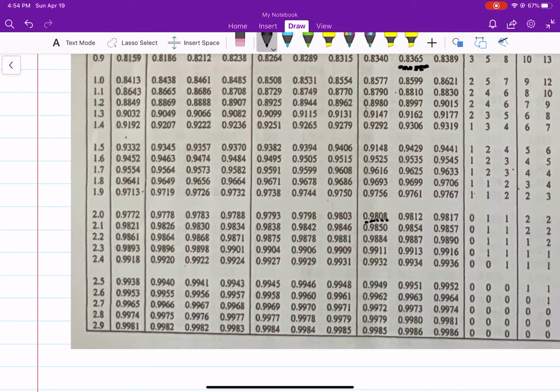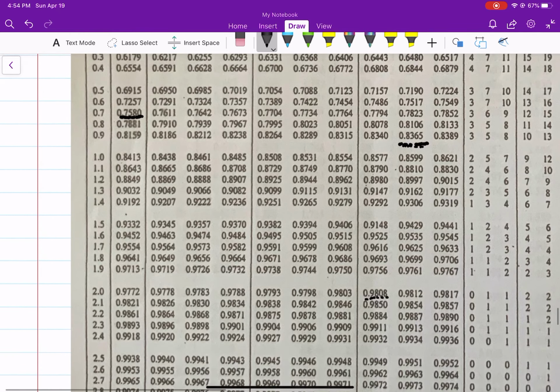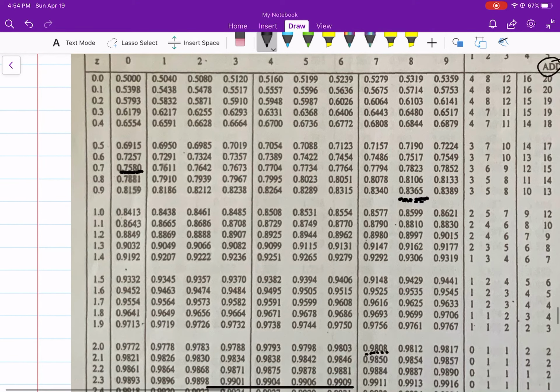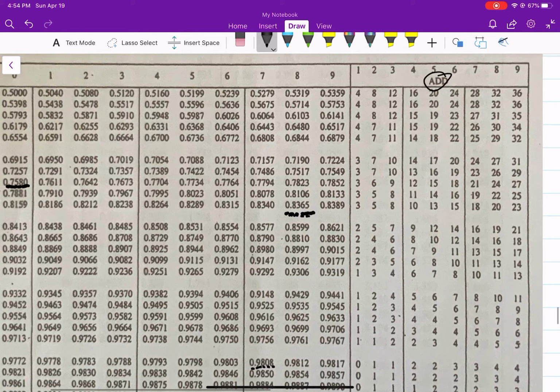So let's add 5. So first we're looking at 1.64. So add 5 means the last decimal place is a 5. 1.645.